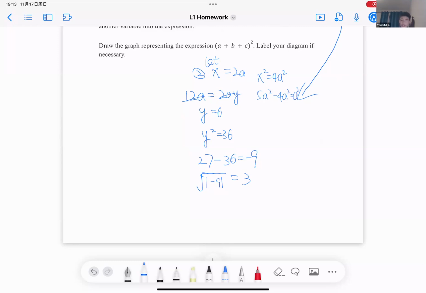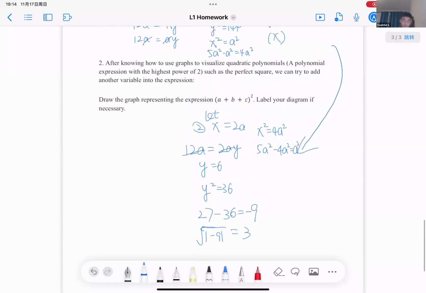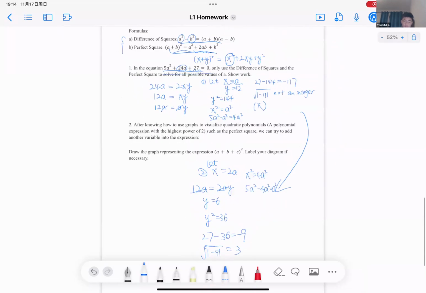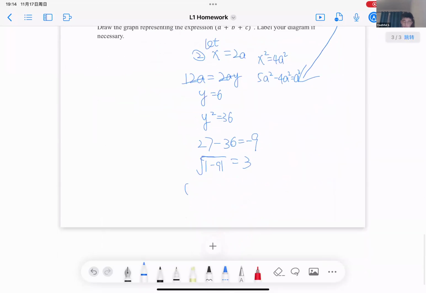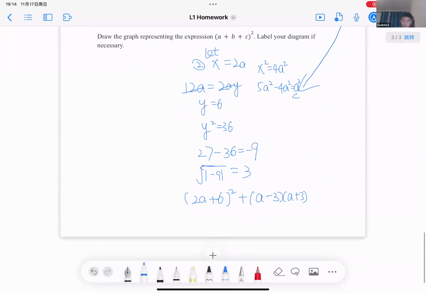So now after this, we can convert our original equation into this one. Because you see, we have an a squared left over, and we have a negative 9 left over.